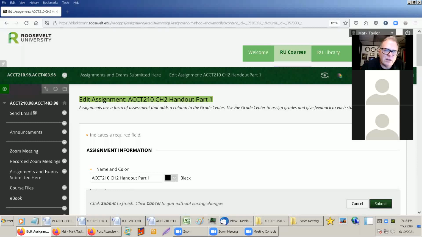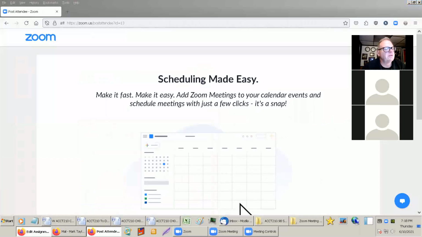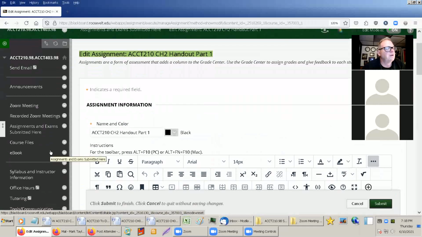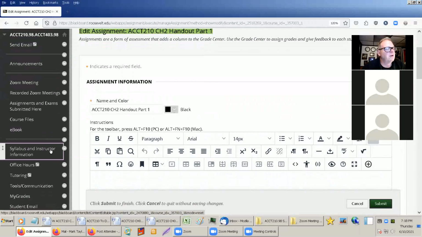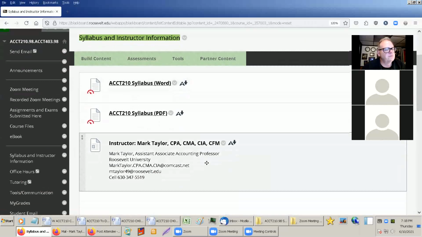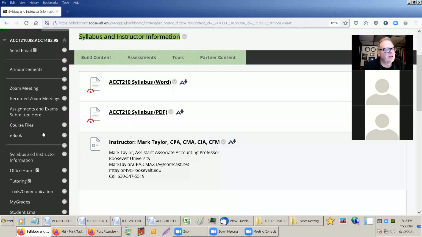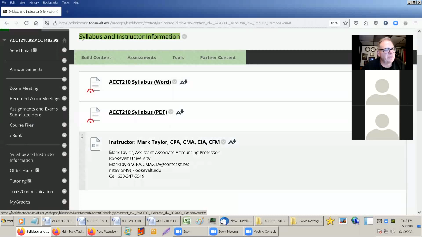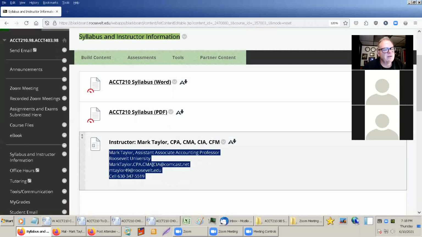Any other questions? Okay. If you're going through the test and you have any questions, you can go ahead and email me or text me. My phone number and all that should be there somewhere. If you look under syllabus and instructor information, all my stuff is there.